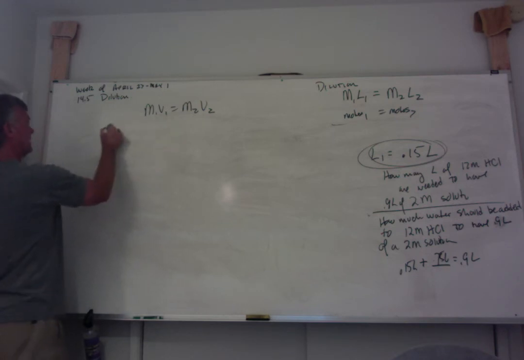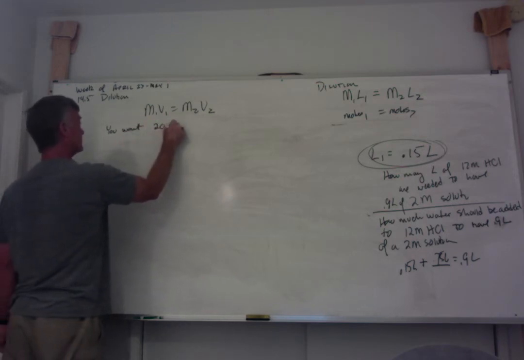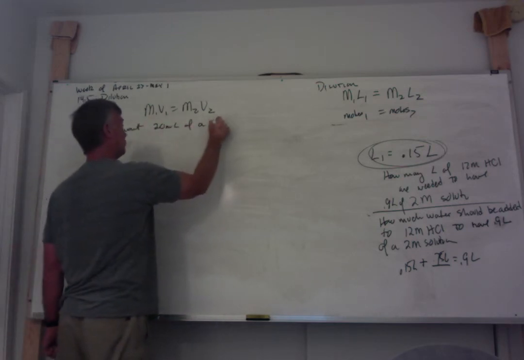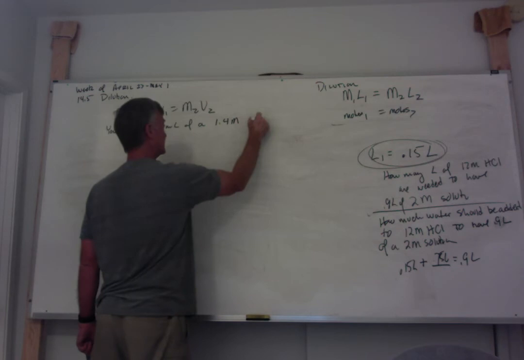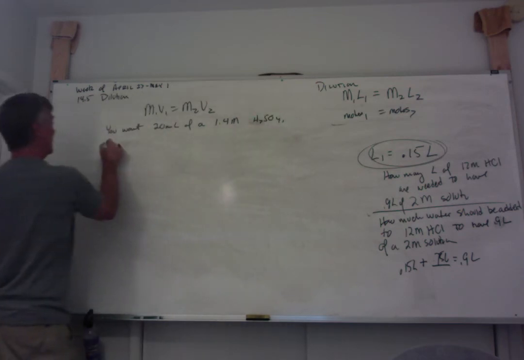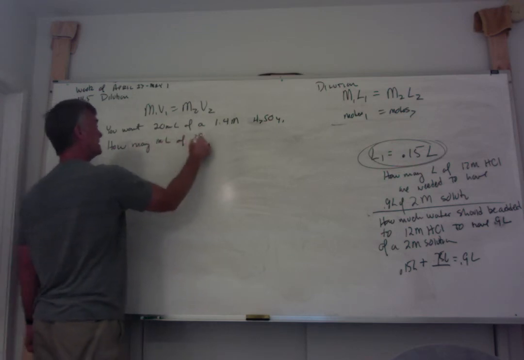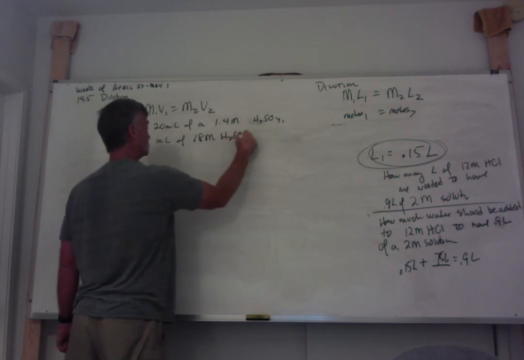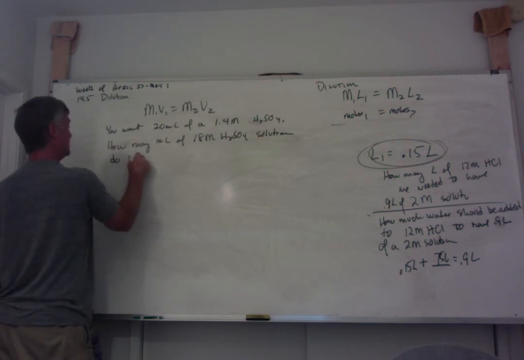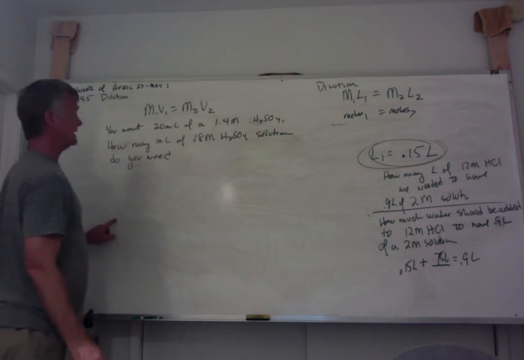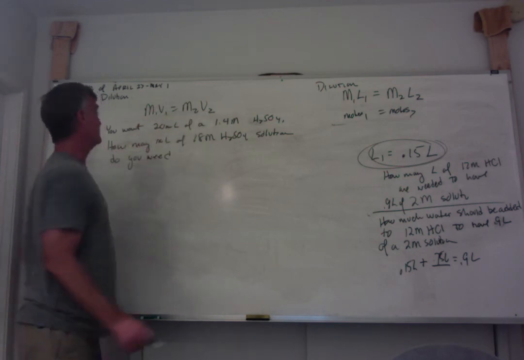So let's try one. Let's say that you want 20 milliliters of a 1.4 molar H2SO4 solution. How many milliliters of 18 molar H2SO4 solution do you need? Well, the nice thing is, because it's in volume, as long as this side is milliliters, this will be milliliters.